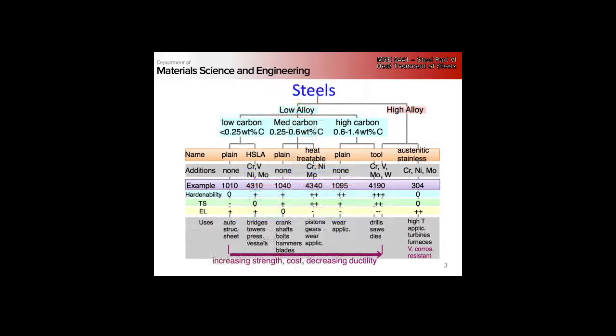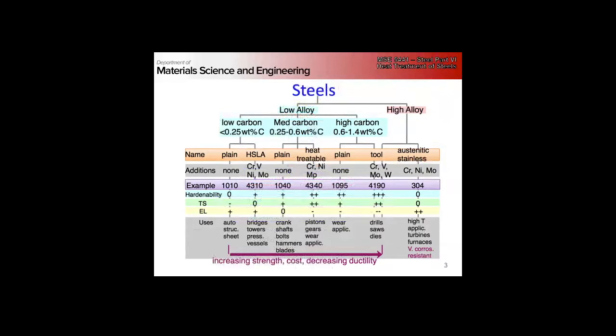High strength low alloy steels typically have chromium, vanadium, niobium, and molybdenum. Heat treatable has the same sorts. Remember, there's typically manganese in all of these. And then the high alloy steels, again, two big categories of tool steels and stainless steels.